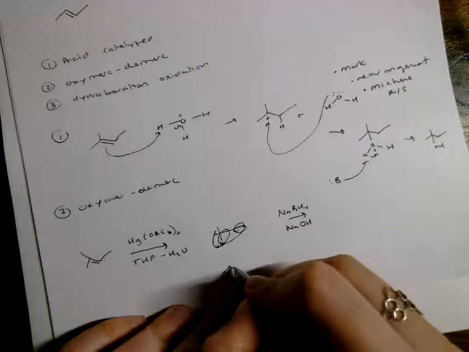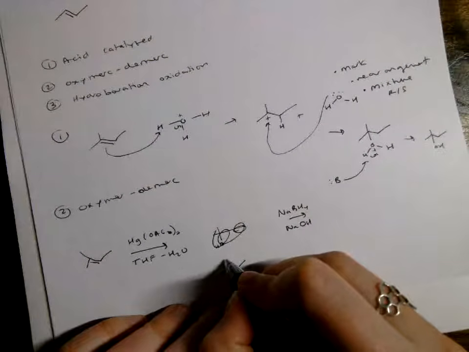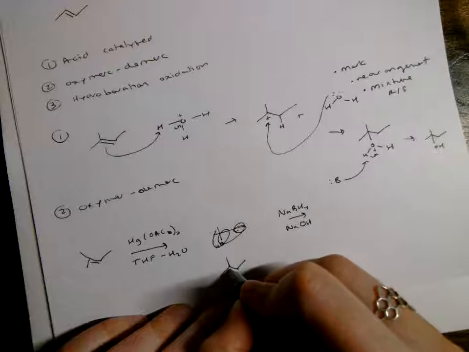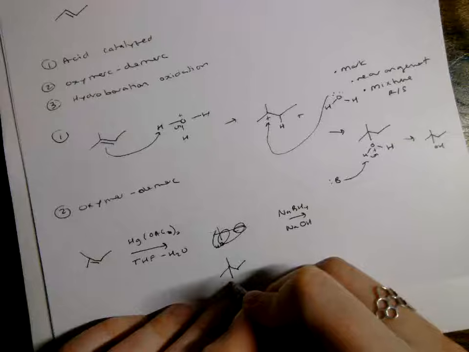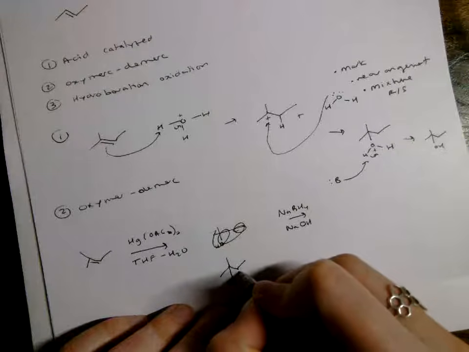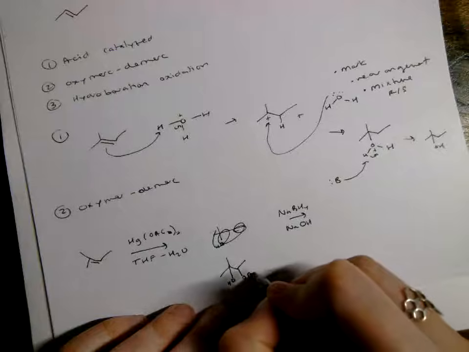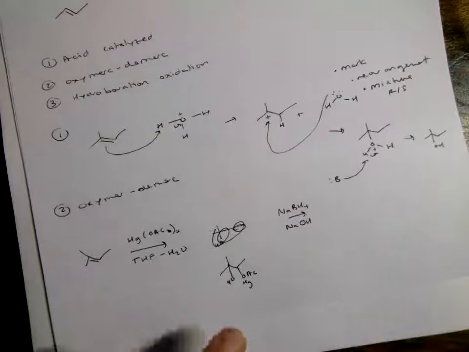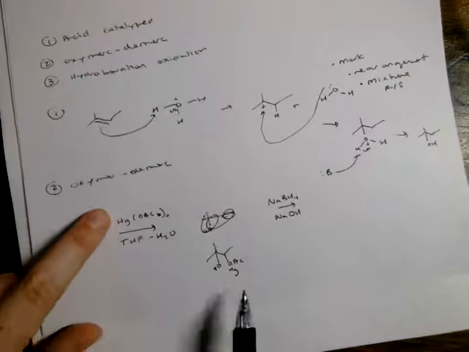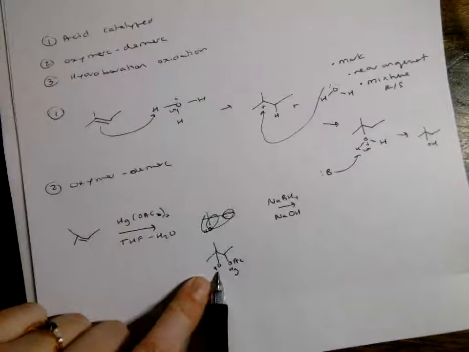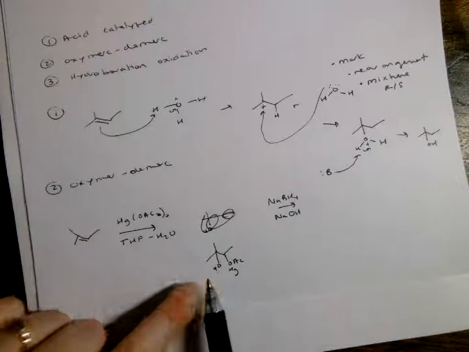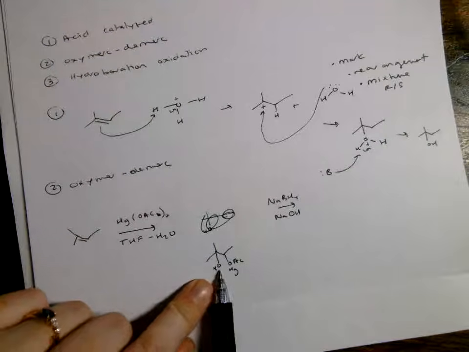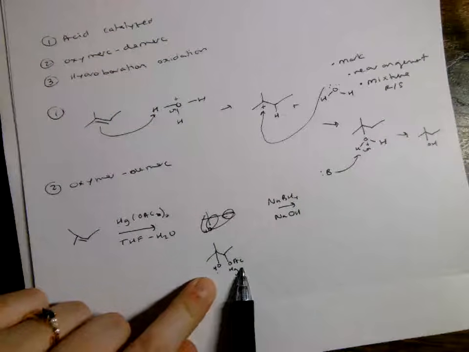So basically you're going to get something that looks like a triangle forming right here between these. You'll have your OH added here, and on the other carbon you'll actually have part of this mercury group. So the alcohol adds first, different mechanism, and you get your mercury here. So this is the oxymercuration. We've added oxygen and mercury.